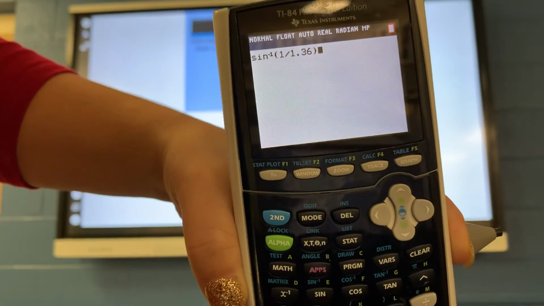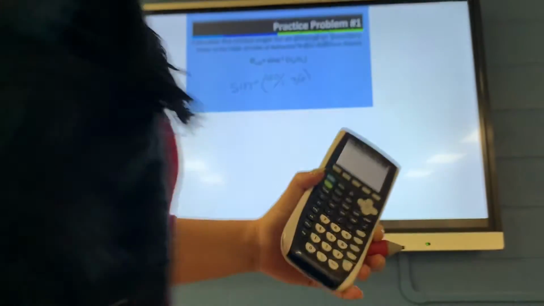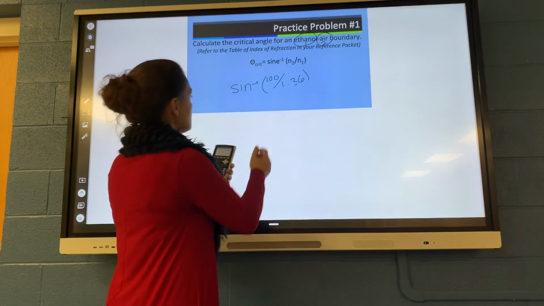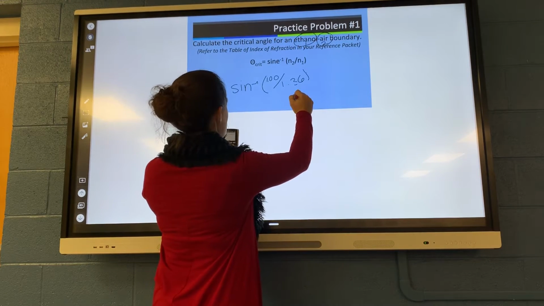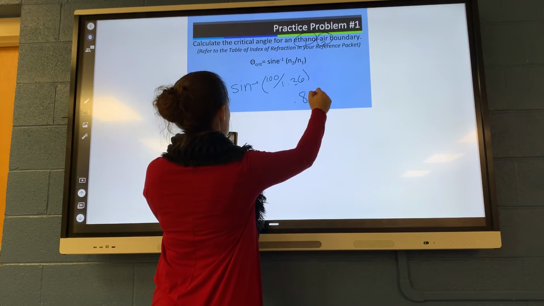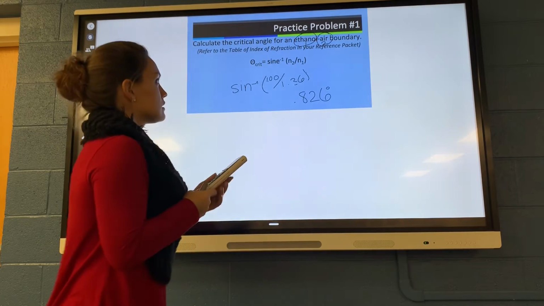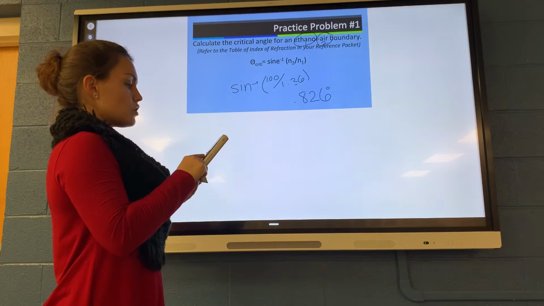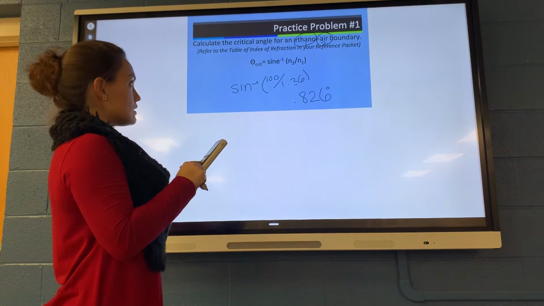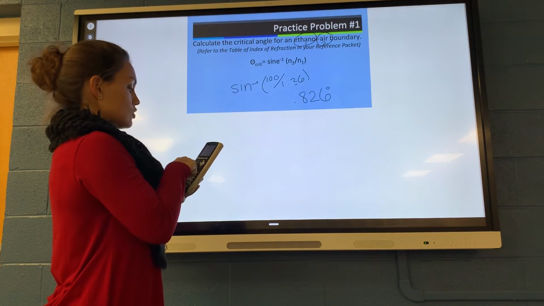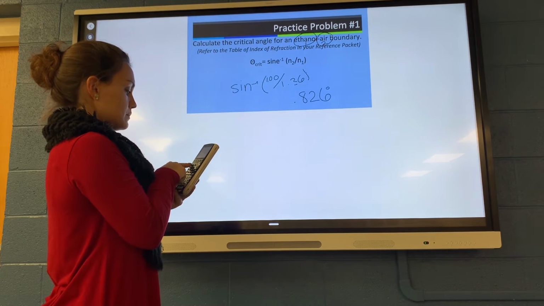Sine of 1 over 1.36. And then I hit enter, and it tells me that my angle is 0.826 degrees. So 0.826 degrees is my critical angle.